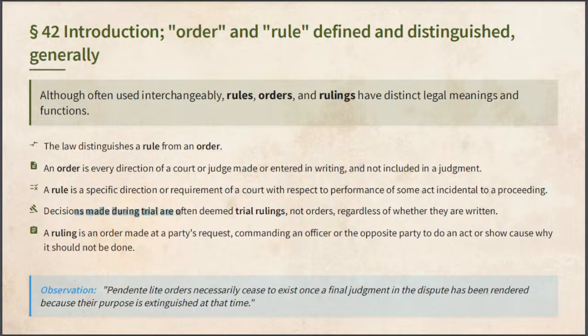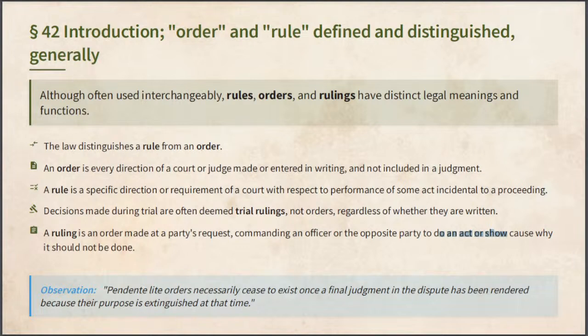A ruling is an order made at a party's request, commanding an officer of the opposite party to do an act or show cause why it should be done.